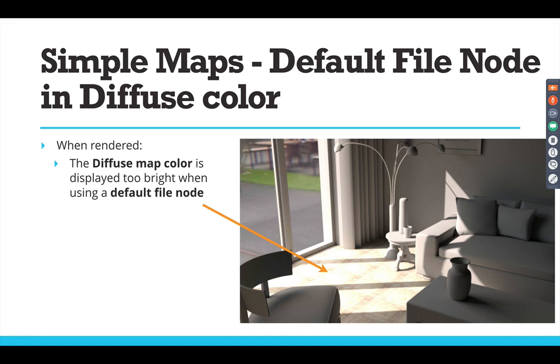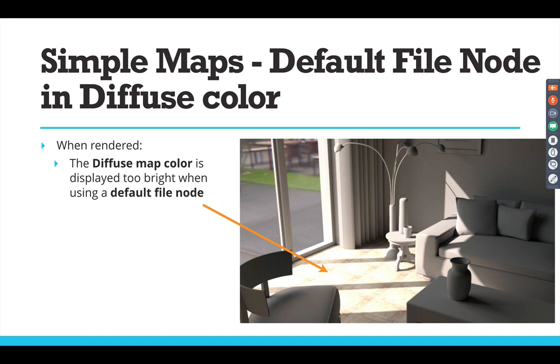Okay, so a couple of things are going to happen when we start adding in maps, and this goes for the diffuse map only, because the diffuse map is responsible for primary visibility, primary color. If you do not linearize your texture, remember we turned on linearized colors when you did lighting, you guys remember that in the render settings?